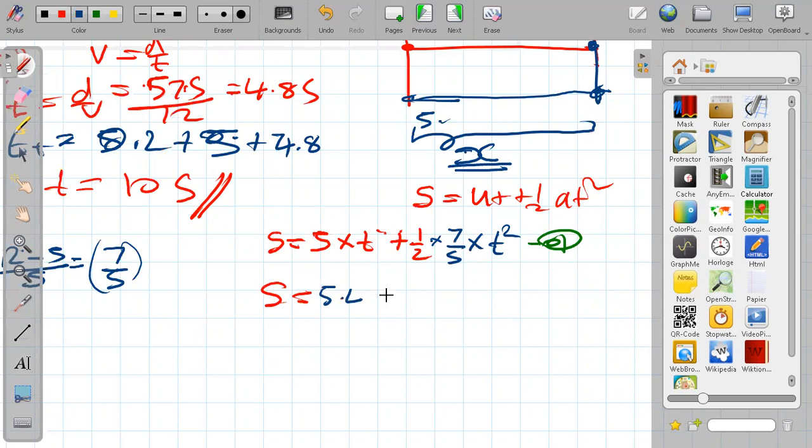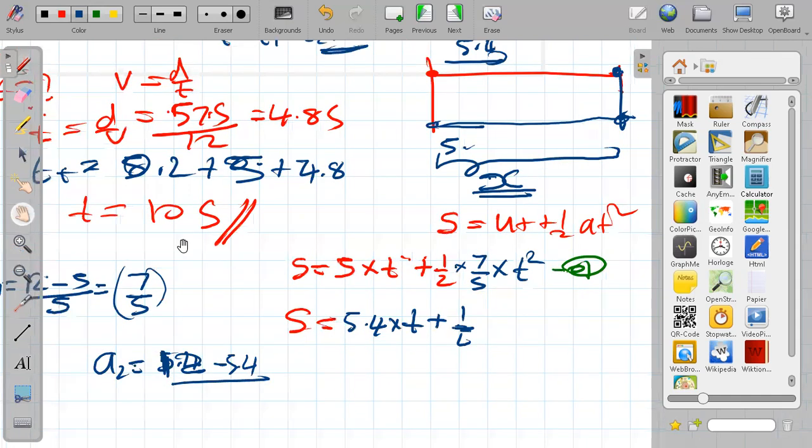5.4 is the initial velocity times time plus half into acceleration a2. What is it? 5.4, sorry, 12 minus 5.4.